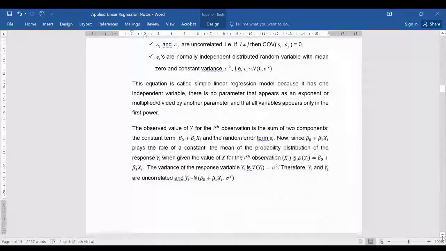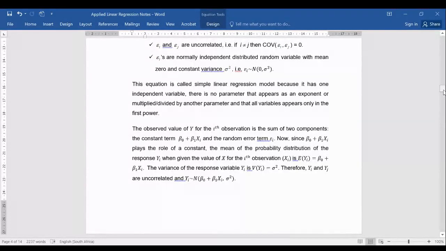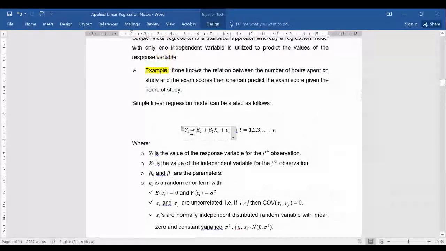Now, the observed value of y for the ith observation is the sum of the two components. So what we are saying here is that the value of y is the sum of two components. The first component is this constant, because if we know the value of x, then this becomes a constant, this becomes a value, and plus the error term.